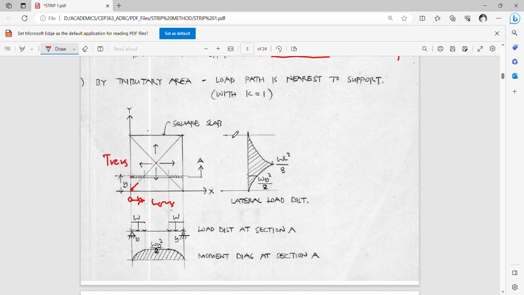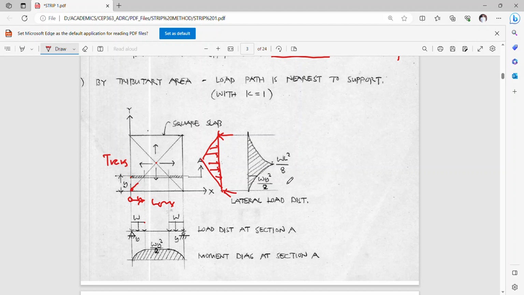So this is now your lateral load distribution in terms of the bending moment. Since this is simply supported in that direction, it will create 0 at this end, rising up to this one. This loading will create your maximum bending moment of WL squared all over it.